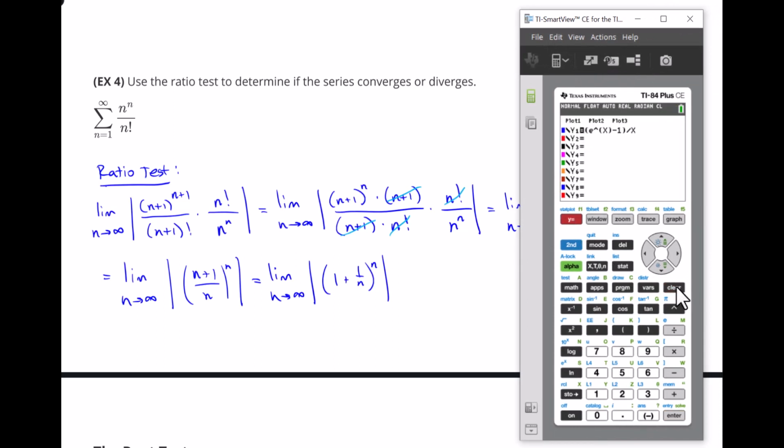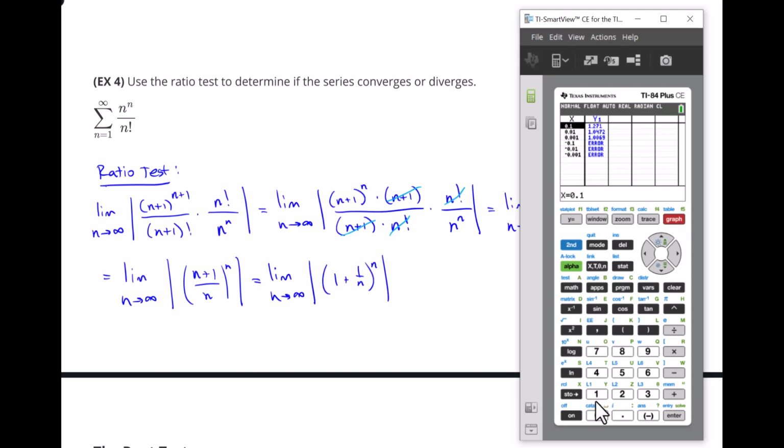My function here is 1 plus 1 over x, raised to the x power. I'm not going to graph this, I'm just going to use a table, so let me make sure my table settings are proper. That looks great.